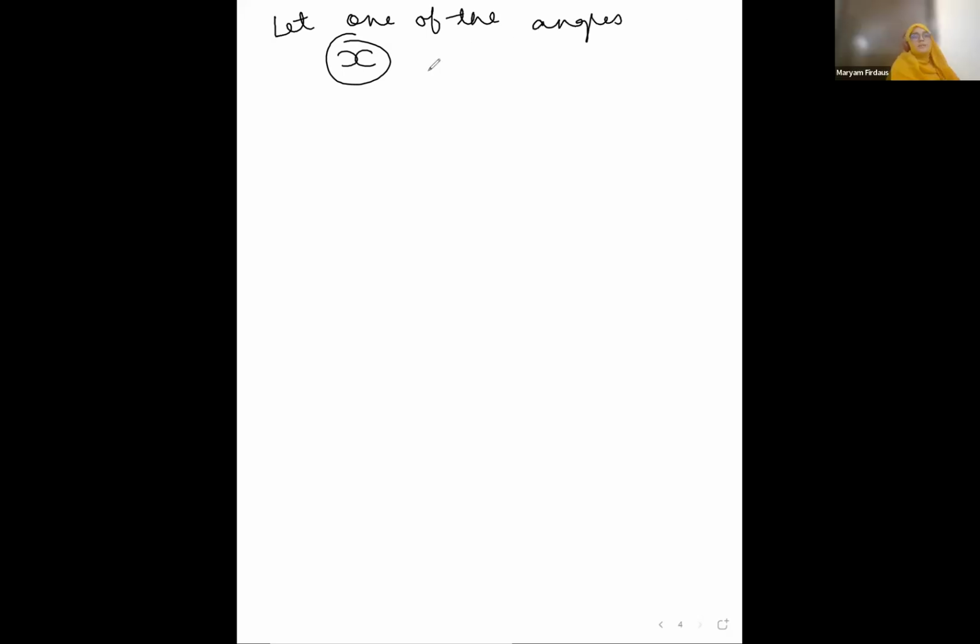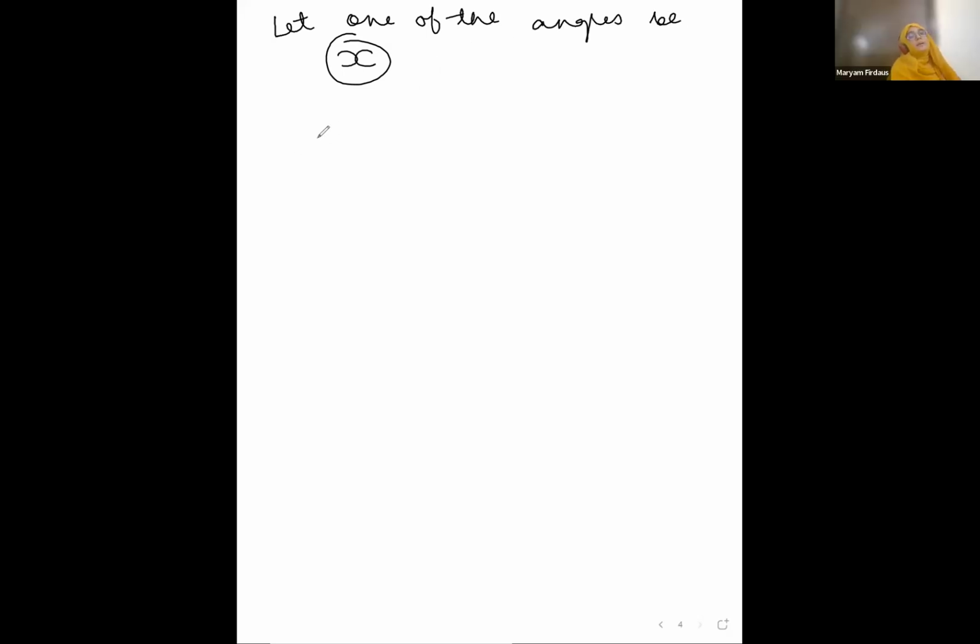Okay, so what does that mean? We can take one angle as x. You can't just take any even consecutive number. You will say, let one of the angles be x.